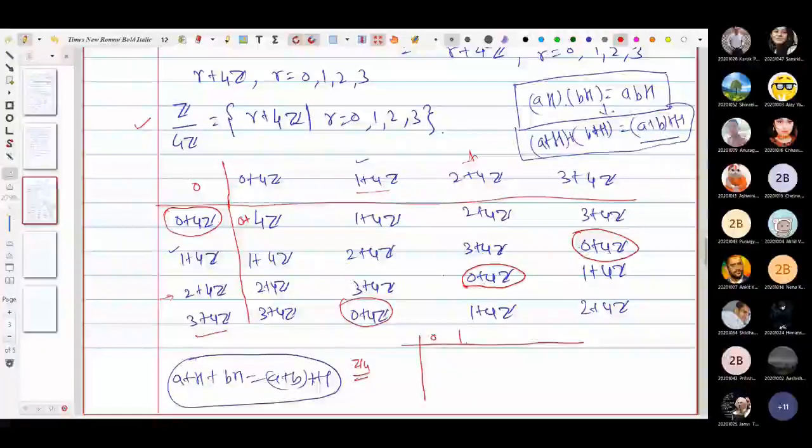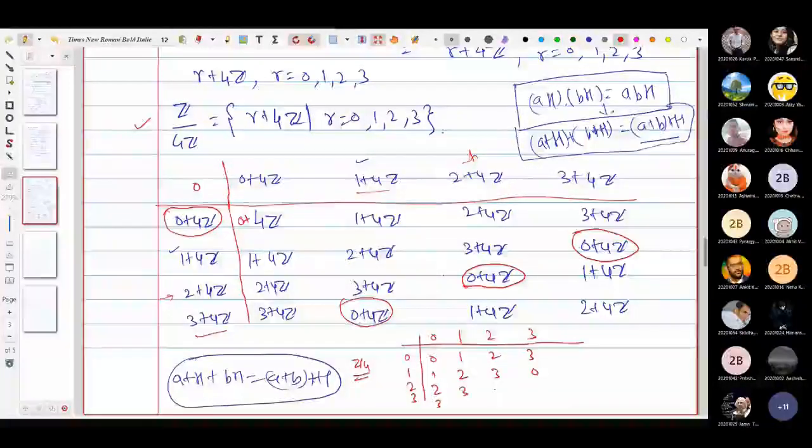So we can write 0, 1, 2, and 3. So 0, 1, 2, 3, 1, 2, 3. And then we have 2, we have 3, we have 0. Here we have 3, and then 0, then 1. And here we have 0, and then 1, we have 2.